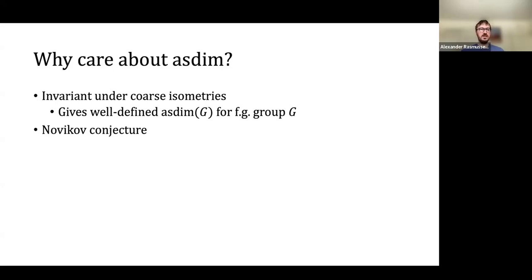I can't really do this conjecture justice, but it's a very important open conjecture about high-dimensional manifolds and cohomology. It turns out that for a group, if it has finite classifying space and finite asymptotic dimension, then it satisfies the Novikov conjecture. So that's a pretty cool connection from this metric space notion to some high dimensional topology.